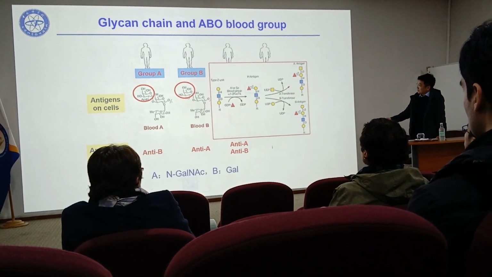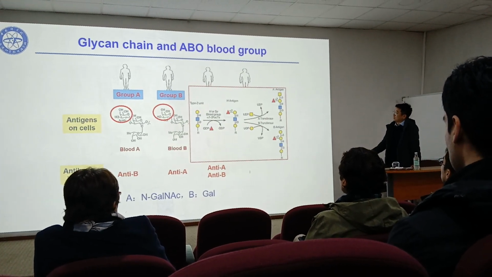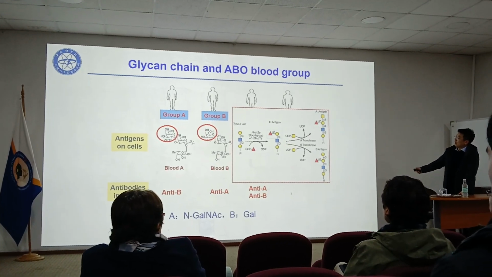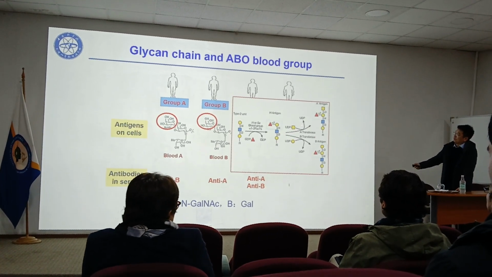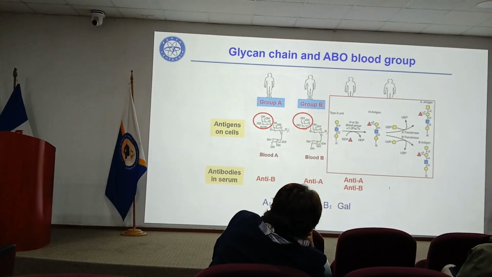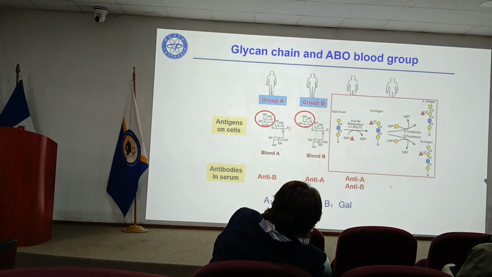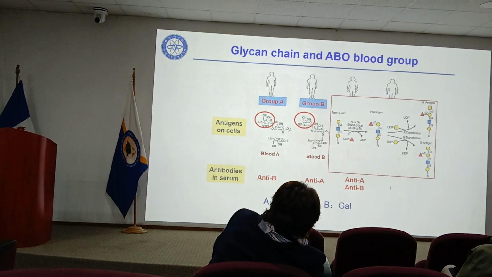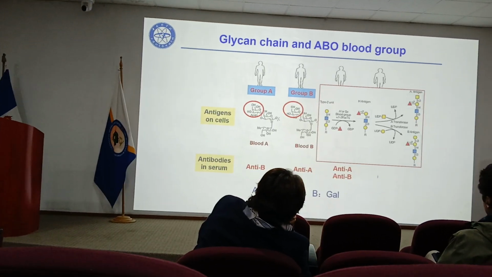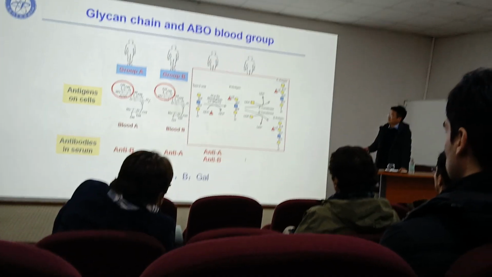Group A has the A enzyme, group B has the B enzyme, group AB has both enzymes, and group O has neither enzyme. So changing the blood group is a small change of one monosaccharide. This is an example of the importance of glycolipids.